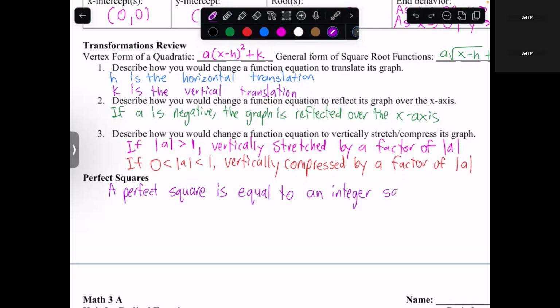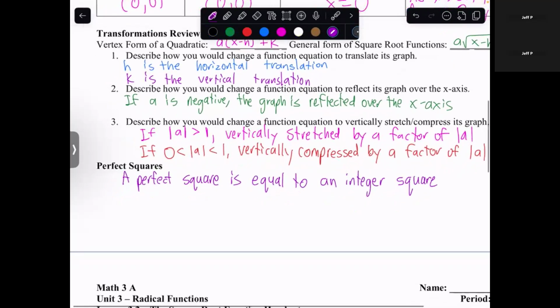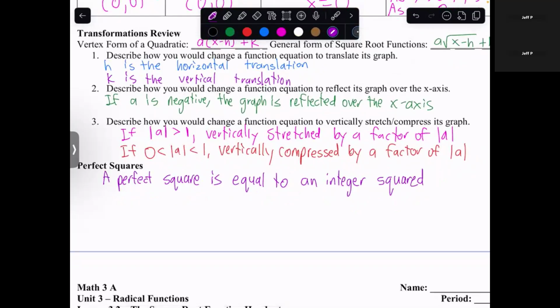Okay, so it's kind of a silly definition, right? I'm basically saying a perfect square is something squared. But the key word here is integer. So integer is a whole number or a negative whole number, meaning no decimal, no fractions.